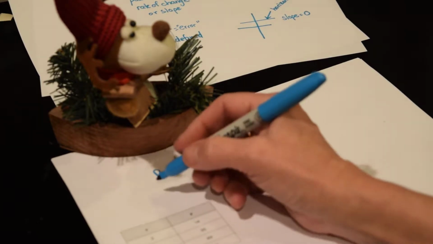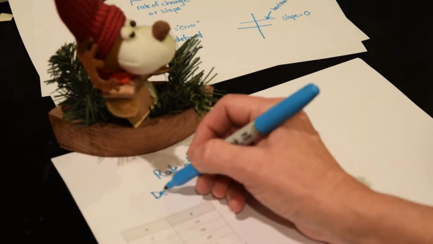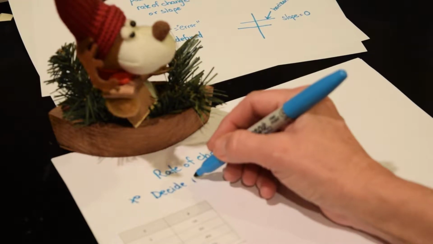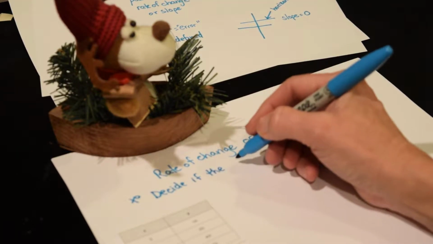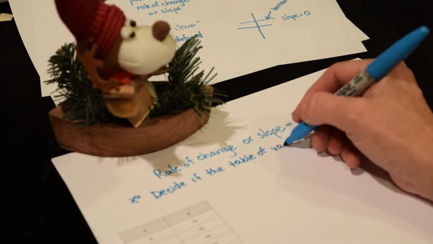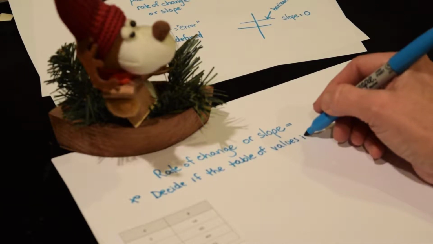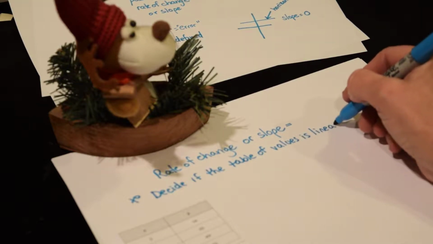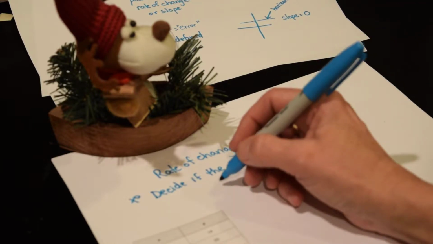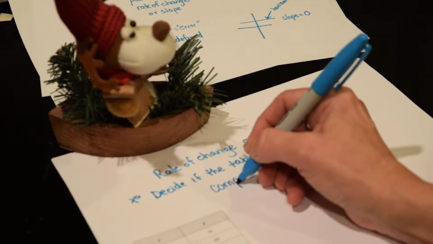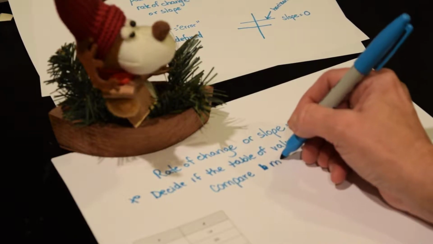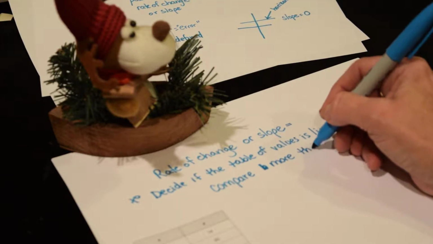However, now we want to decide if the table of values is linear. We have to do a little more work. We're going to have to compare more than 1 point.